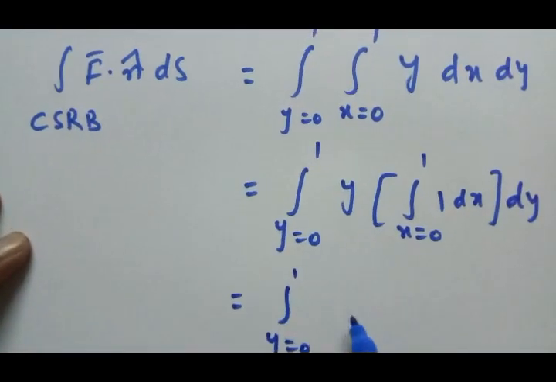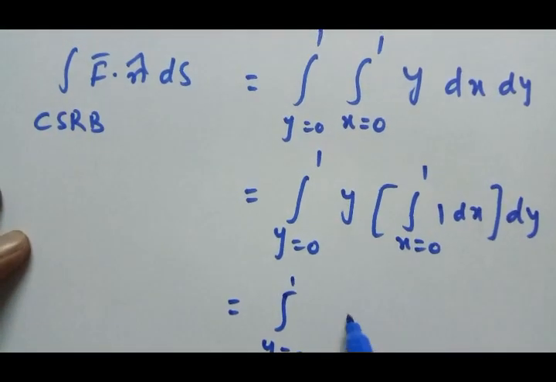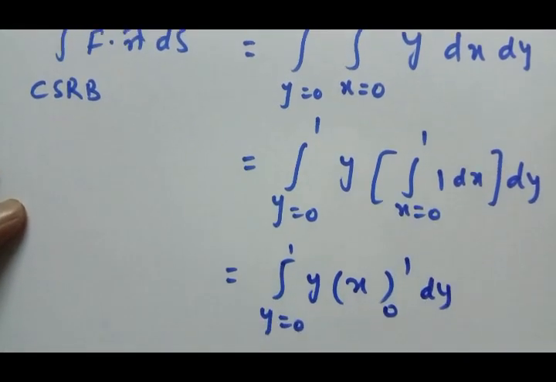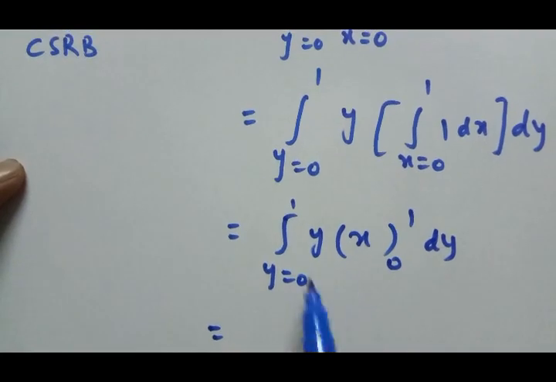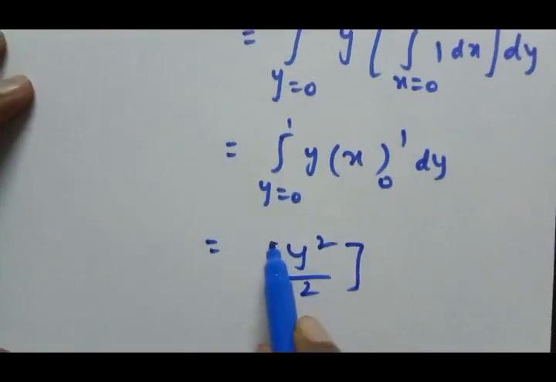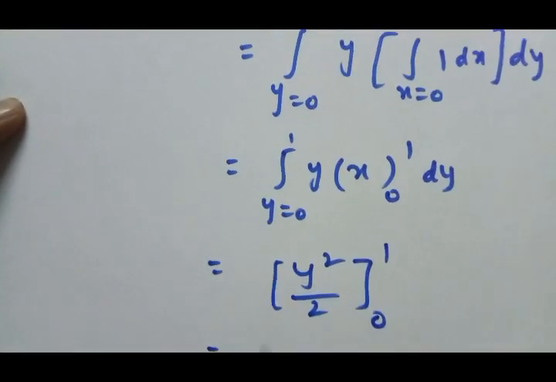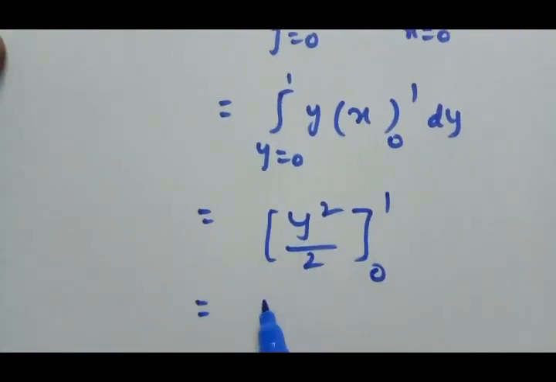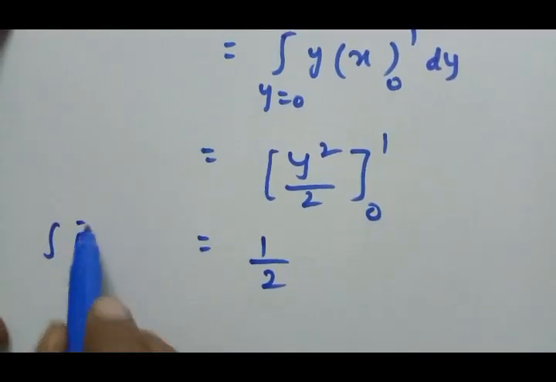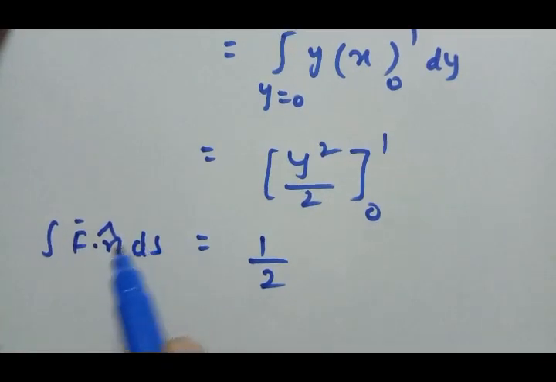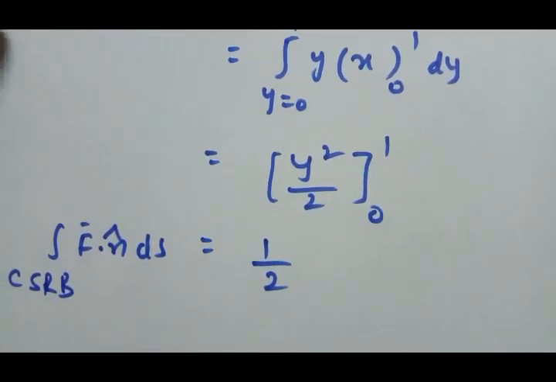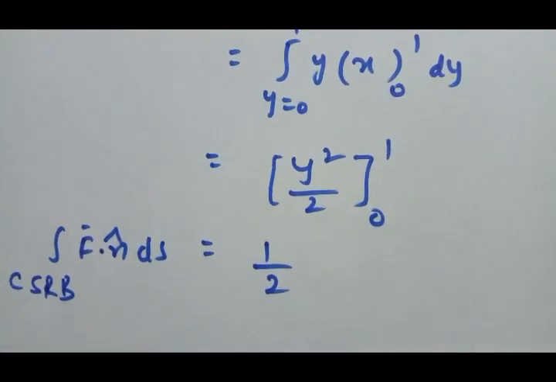First integrating with respect to x, we get 1 dx, that is x limits 0 to 1. Now that is upper limit minus lower limit, 1. Integration of y is y square by 2, limits 0 to 1, that is equal to upper limit 1, lower limit 0. Therefore the integral of f bar dot n cap ds along CSRB, say this is equation number 4.